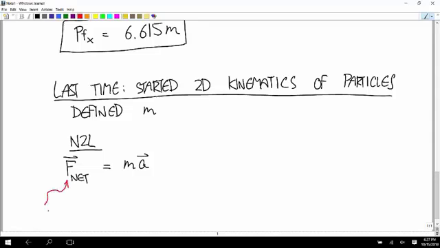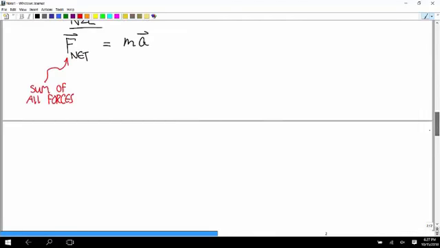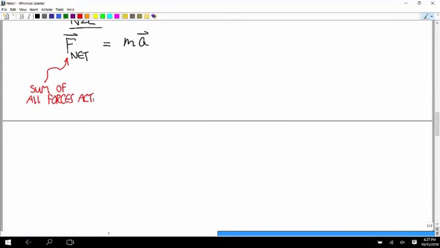So this F net is the sum of all forces acting on the chosen object. And M is the mass of the chosen object.